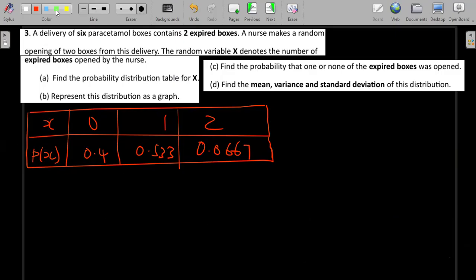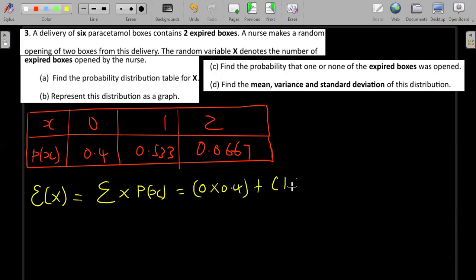So the next one now, they're saying find the mean. So we said the mean, which is the expected value of x, is just going to be equal to the summation of all the x multiplied by the P of x. So this is going to be equal to 0 multiplied by 0.4 plus 1 multiplied by 0.533 plus 2 multiplied by 0.0667.